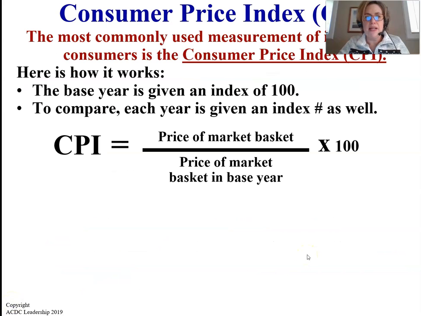The Consumer Price Index is the most commonly used measure of inflation. So you have a base year and that index is 100, and you compare each year to an index number as well. So you take the price of the market basket over the price of the market basket in the base year times 100.